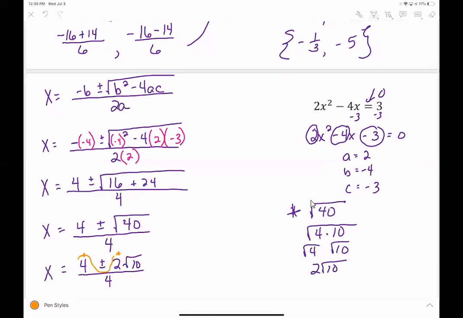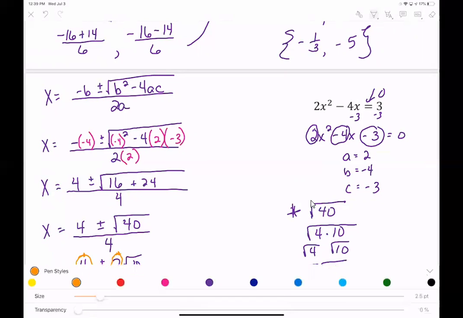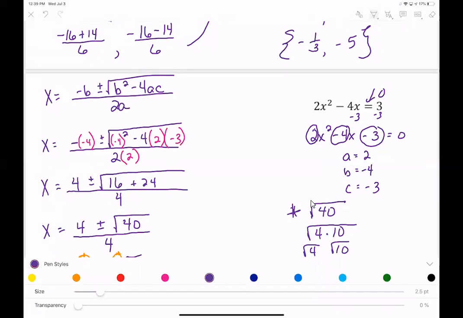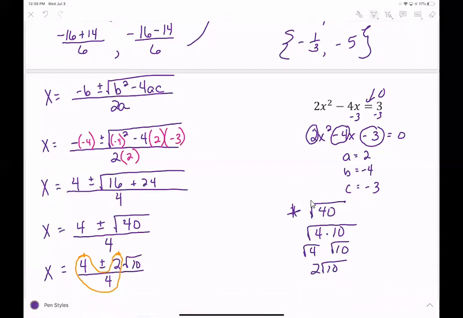So what I want to do here is reduce that 4, 4, and 2. 2 is common, so I'm going to divide what's in the orange by 2. So that would give us 2 plus or minus, 2 divided by 2 is an understood 1, so I'm just going to write the square root of 10. This is the understood 1 right here. Over 4 divided by 2 is 2.